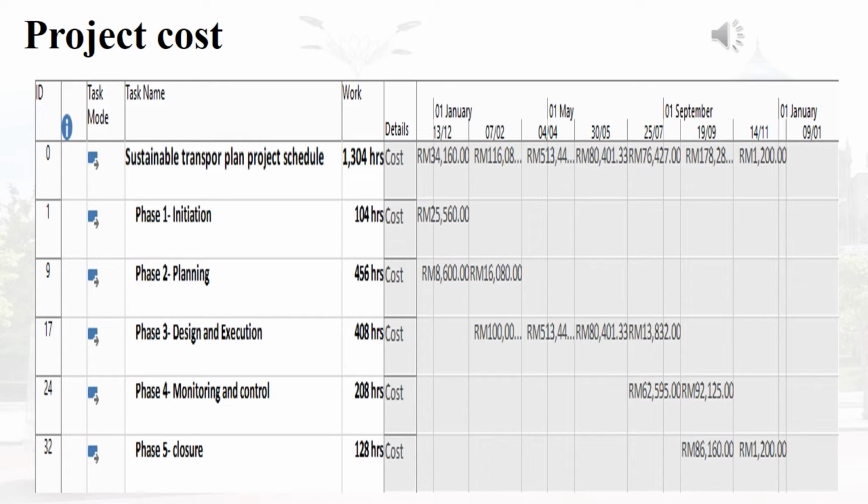In phase 2 the planning takes about 456 hours. Phase 3 design and execution takes 408 hours. Phase 4 monitoring and control took about 208 hours, and the closure takes 128 hours. The distribution of the fund is shown at the respective phases.